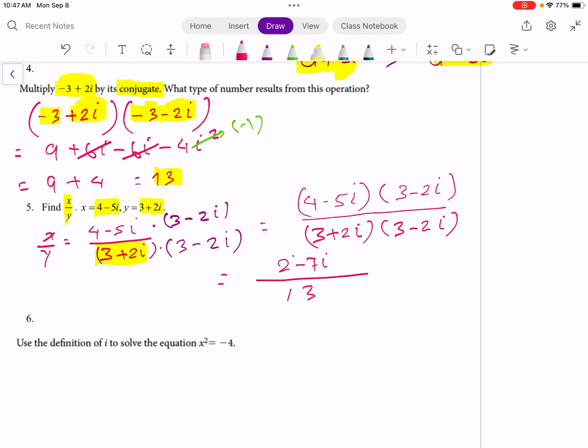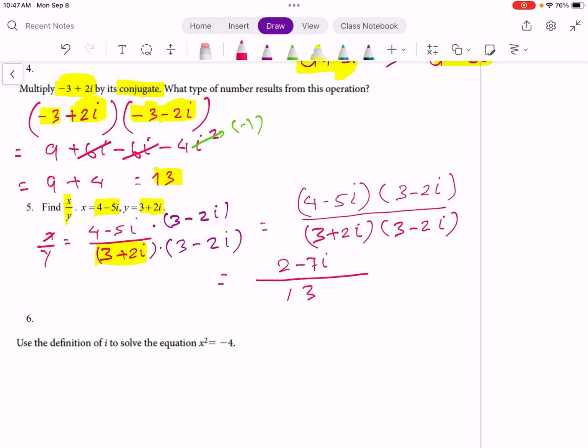So this is 2 minus 7i divided by 13. That's 12, that's a 10, that's 2. 15i, that's 8i. Looks good to me. If you have something different than this, let me know.